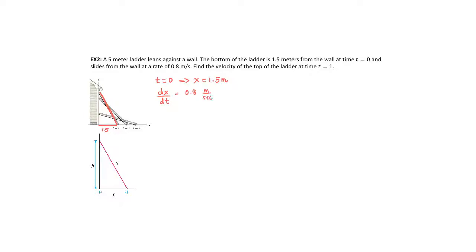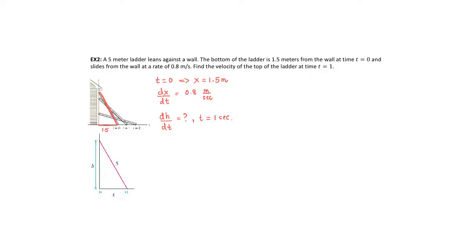And because the ladder is moving away from the wall, that means that the bottom is moving to the right. I will interpret that as being positive. And then what I want to find out here is what is dh by dt, that we don't know, exactly 1 second later. As soon as it starts sliding down, within 1 second.